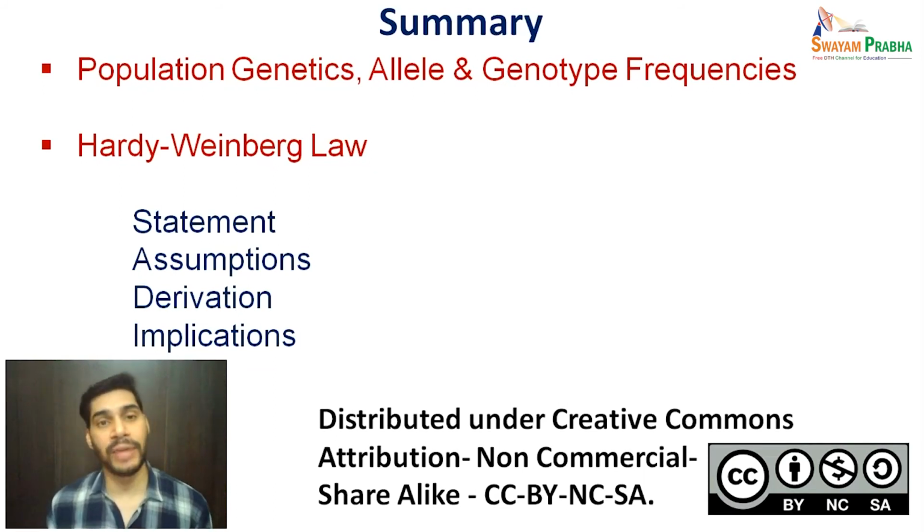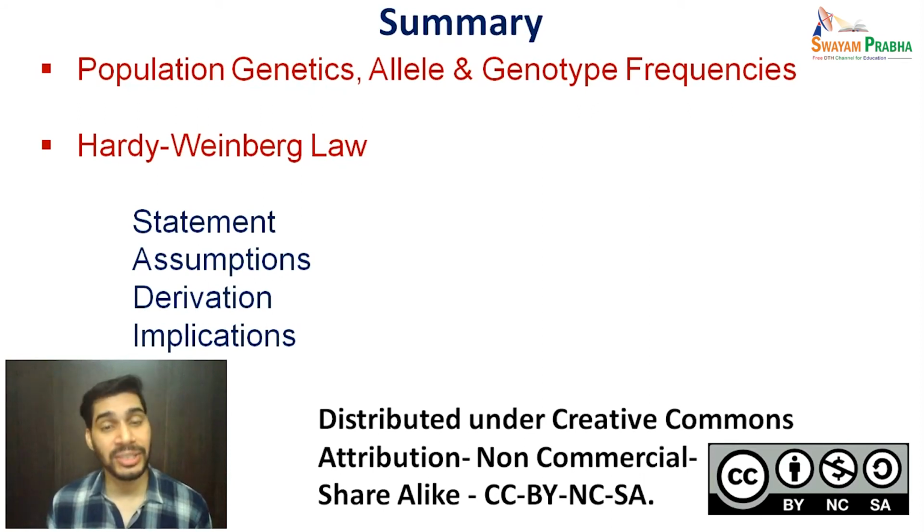Then we moved ahead to the law or equilibrium or theorem given by Hardy and Weinberg, which is popularly known as the Hardy-Weinberg law. We discussed its statement, and the role of reproduction in changing allelic frequencies or evolution in a population if certain assumptions are met or not.